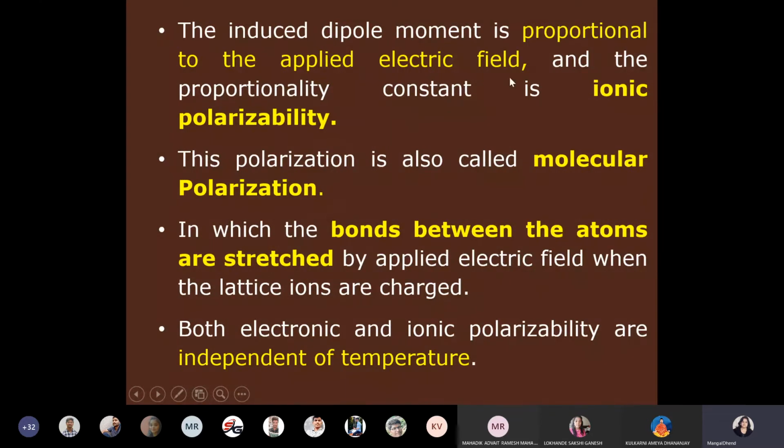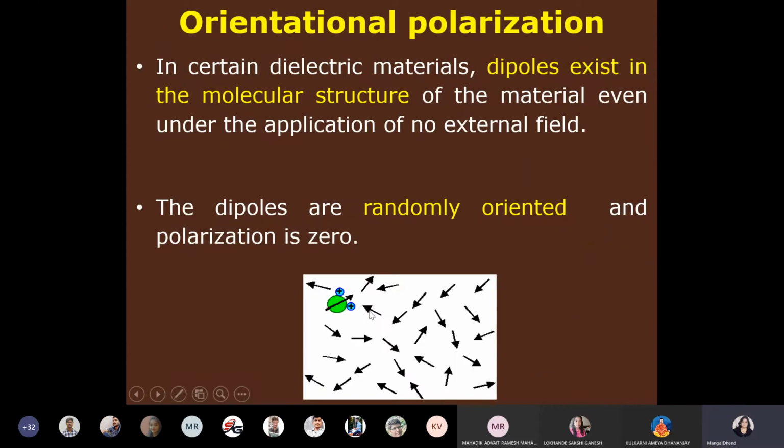When the electric field is higher, polarization has to be higher, and the constant of proportionality is called polarizability. But in ionic polarization, it is ionic polarizability. And when it is electronic polarization, it will be electronic polarizability, and in orientational polarization, it will be orientational polarizability. Okay. So now in orientational polarization, what happens?